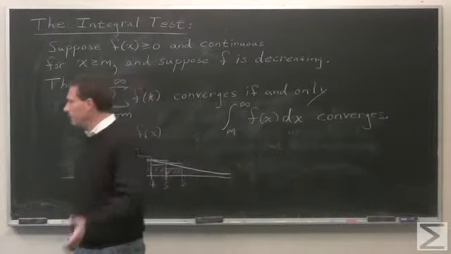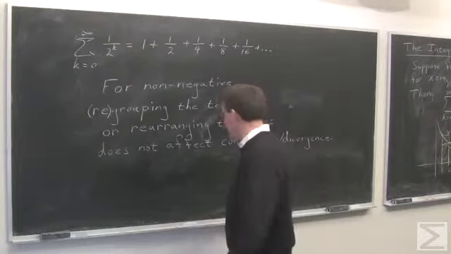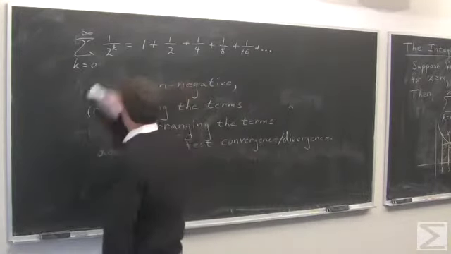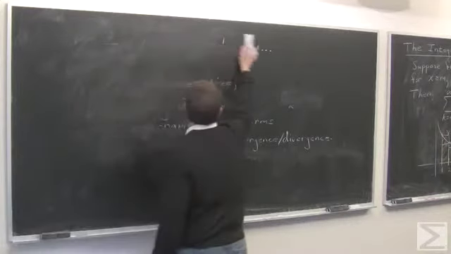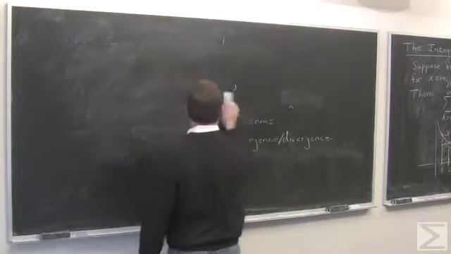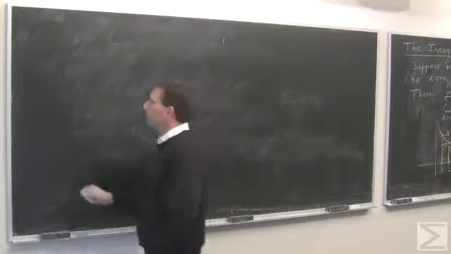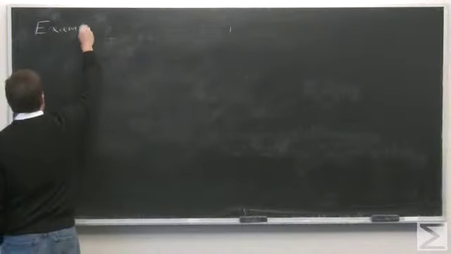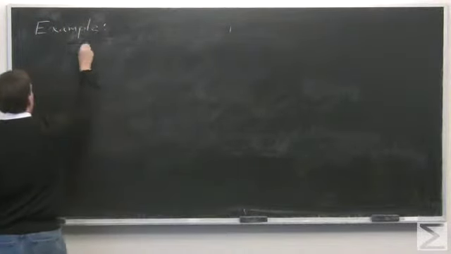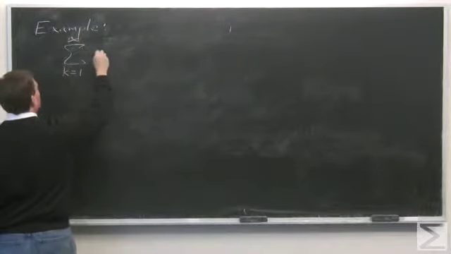It immediately allows us to conclude things, one of which we have concluded before, but one that we haven't. So as an example, let's look at the harmonic series. Now, we know the harmonic series diverges.